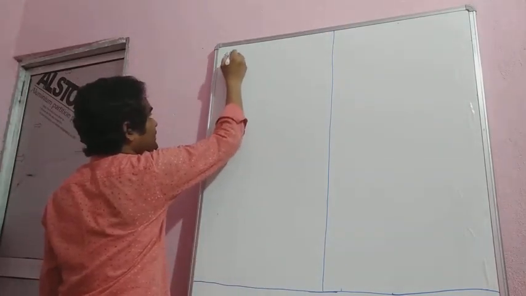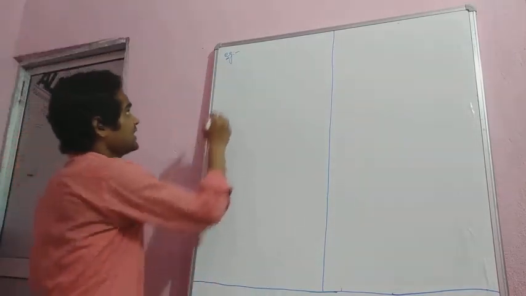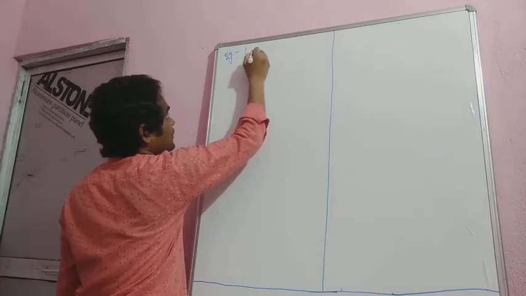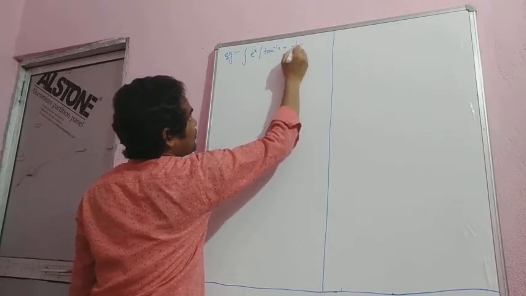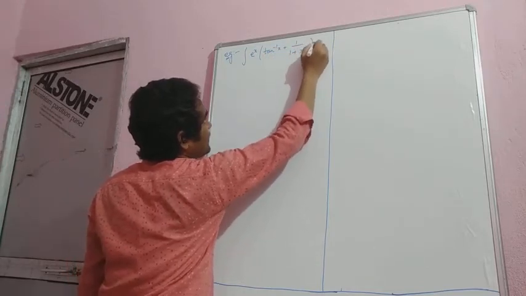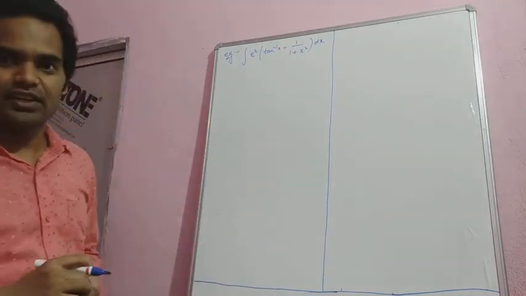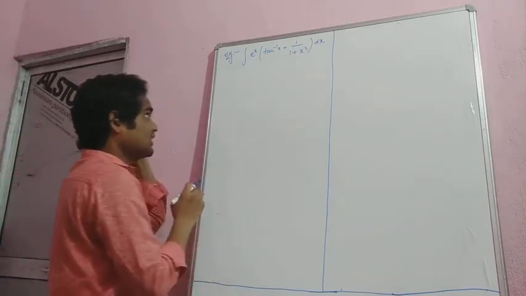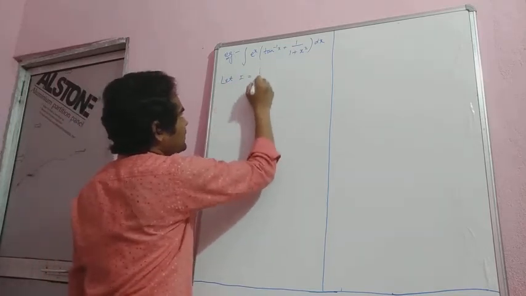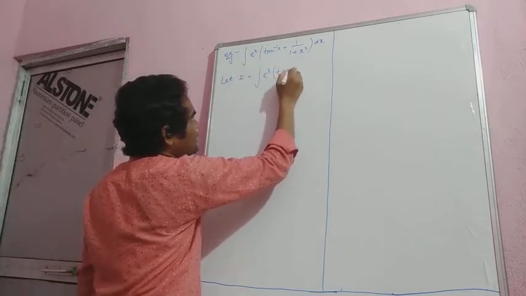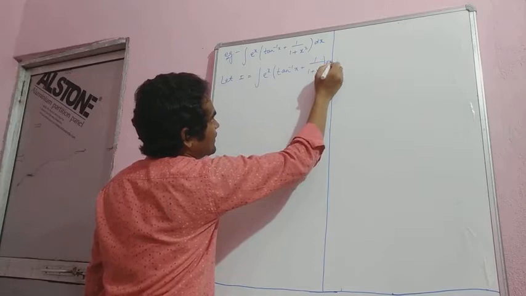Our example is: find the integration of e to the power x into tan inverse x plus 1 upon 1 plus x square dx. Now students, here let I be equal to the integral of e to the power x into tan inverse x plus 1 upon 1 plus x square dx.